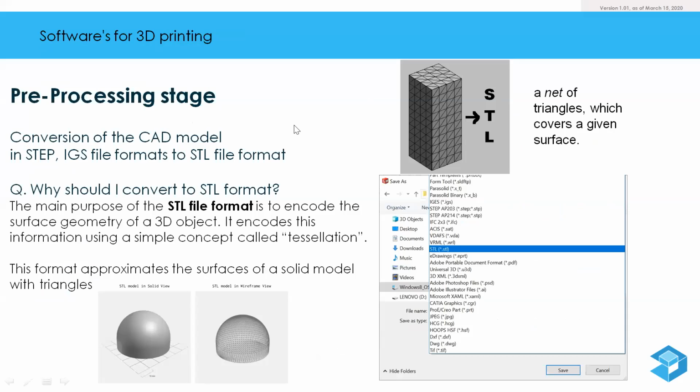When you convert to STL, each surface of your 3D model gets converted to individual triangles, and a net of triangles covers it, which makes it easier.